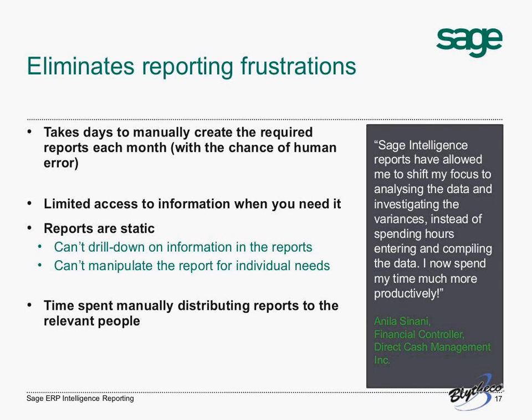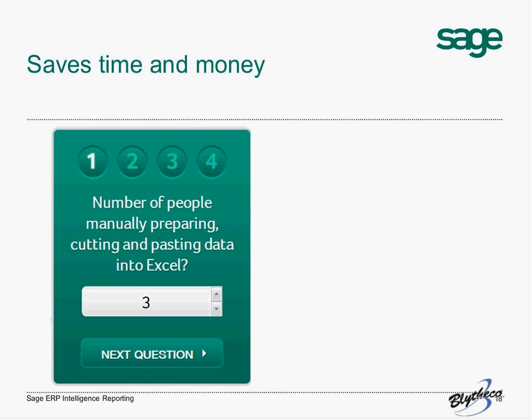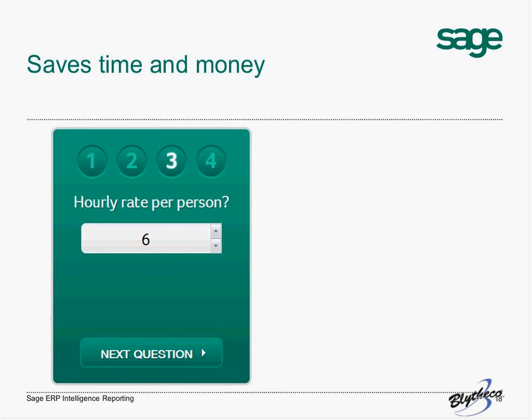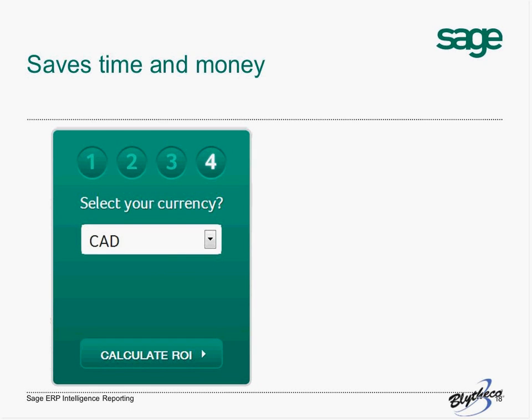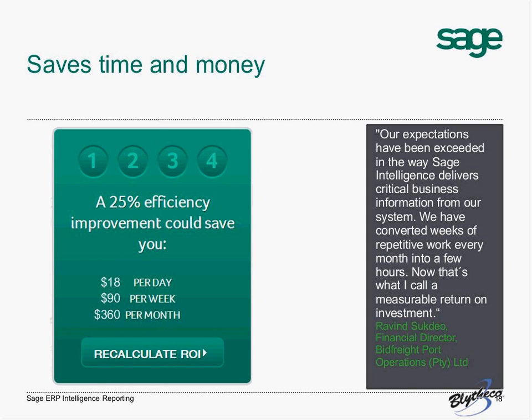We have quite a few success stories out on that website as well. We talked about that ROI as well. If it comes down to needing that dollar amount, you can calculate exactly how much money you're currently spending on inefficient reporting processes. Your currency, there's your efficiency.